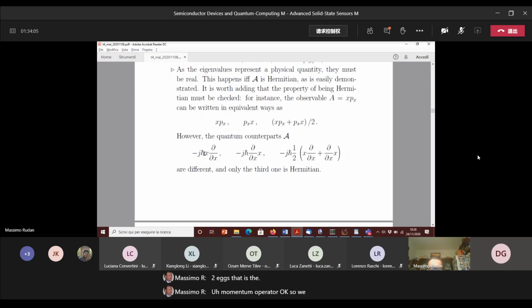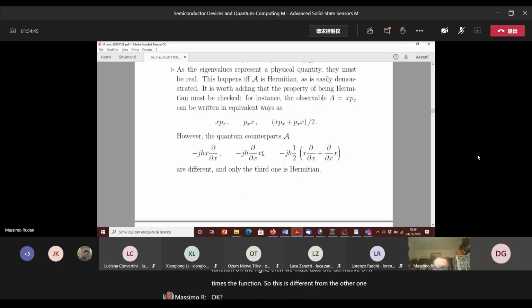So we have x followed by the derivative with respect to x. Of course, this derivative, being an operator, operates on every function that is placed on the right of it. The second case is p followed by x. So in this case, we have the derivative followed by x. So if we place another function on the right, then we must take the derivative of x times the function. So this is different from the other one.